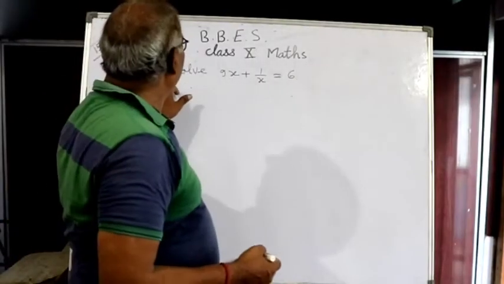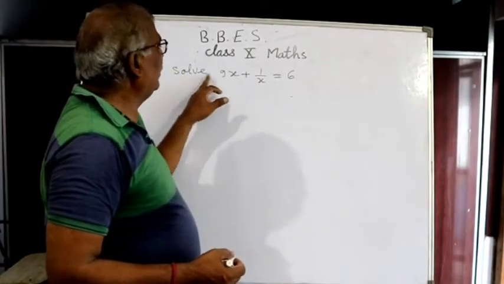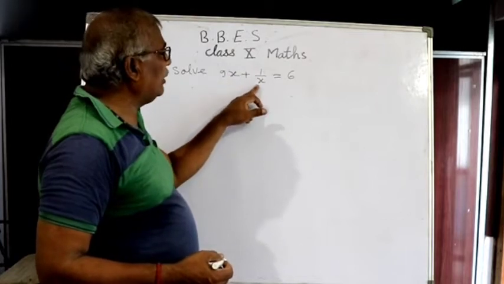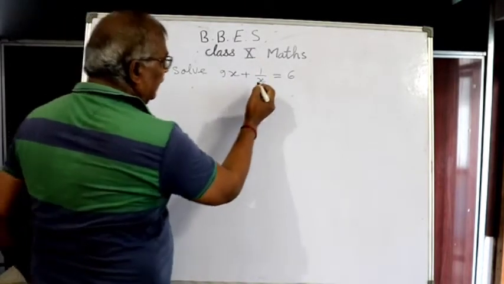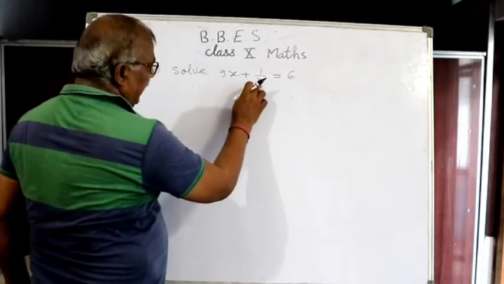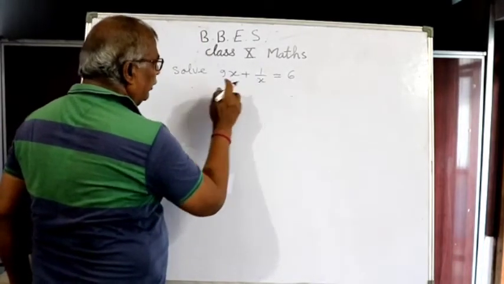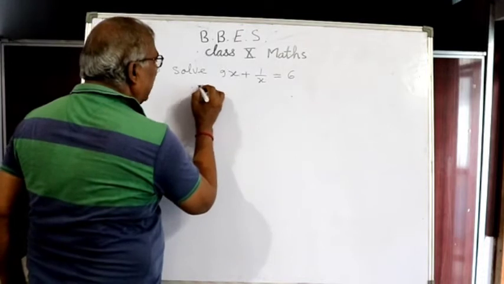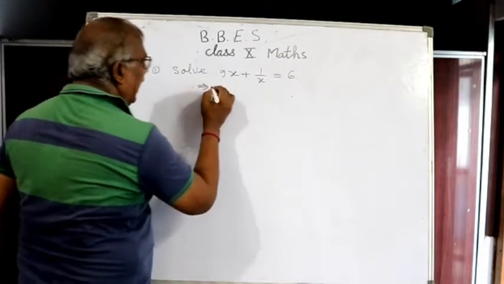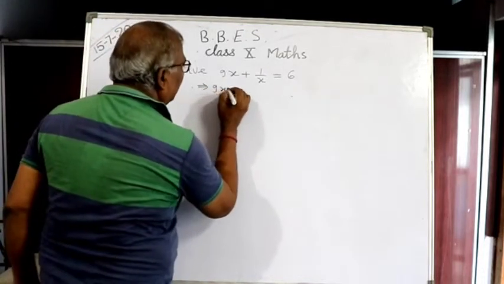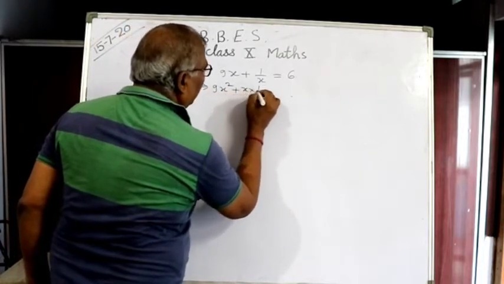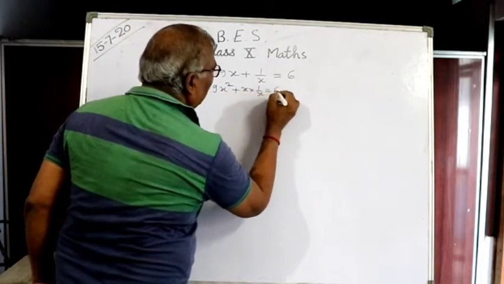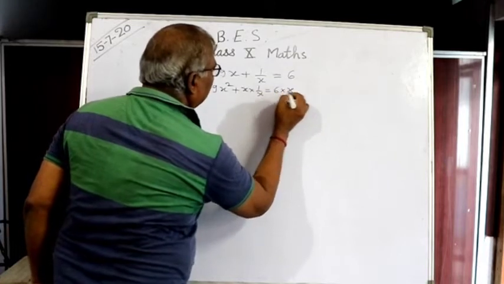Now, problem 1. Solve 9x plus 1 upon x is equal to 6. First we see here in the second term there is x in the denominator. So multiplying both sides by x, we get 9x square plus x into 1 upon x is equal to 6 into x.